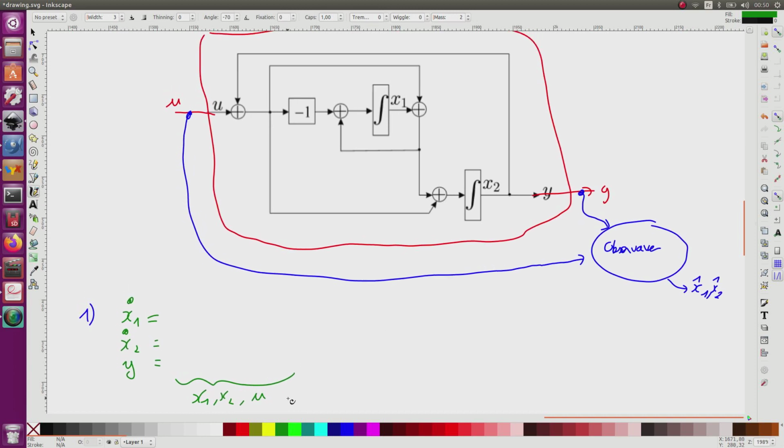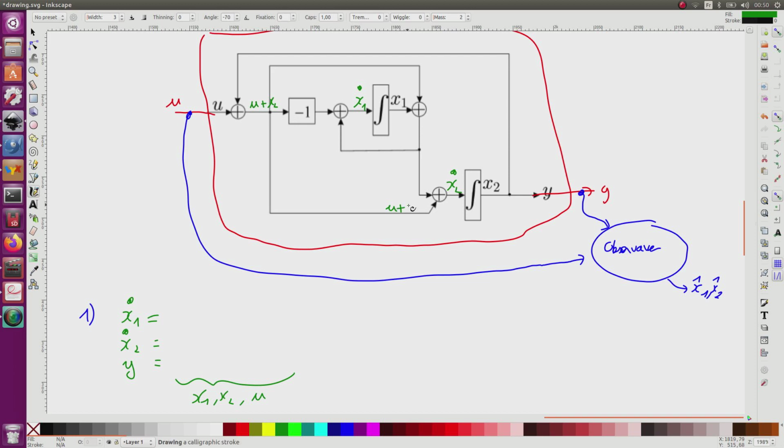So I will try to express the derivatives x1 dot and x2 dot. Note that here I have u, here I have x2, so here it's u plus x2 at this level.